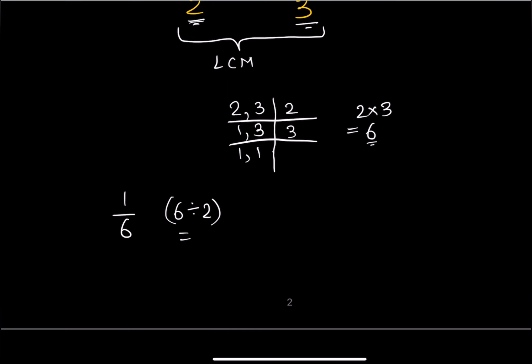Our answer gives us 3, and we're going to multiply this number by the numerator. So 1 times 3 divided by 6 gives us 3 by 6. And if we cancel out these, we can see that this simplifies to 1 by 2. So over here, we have the correct fraction.